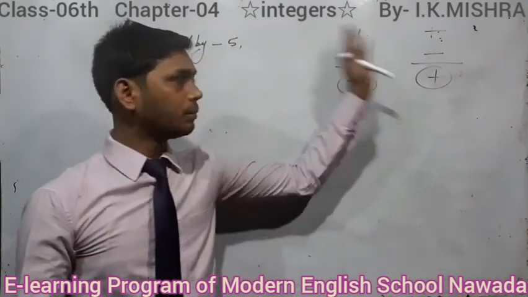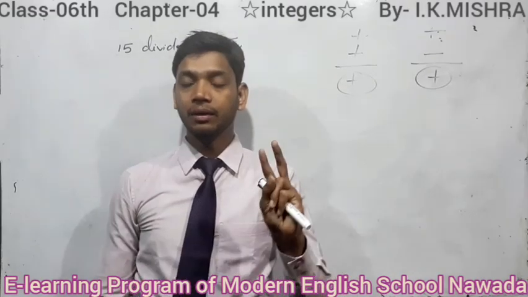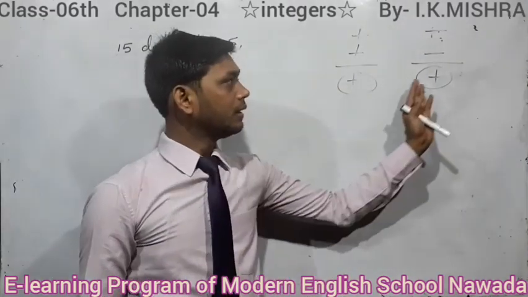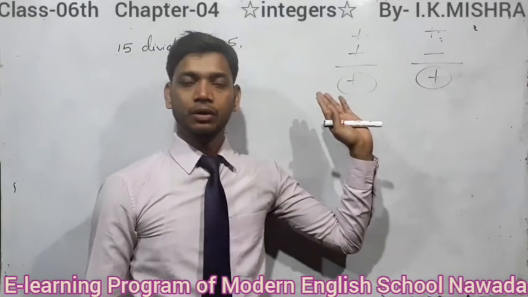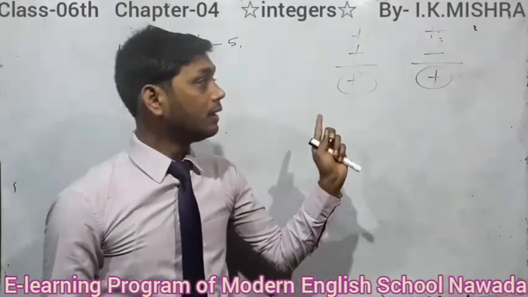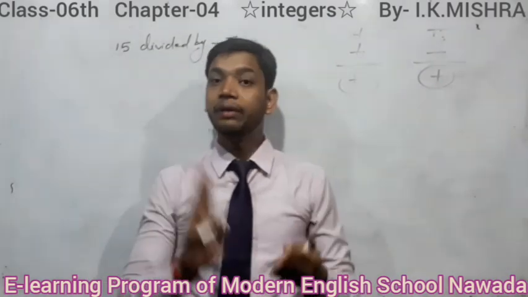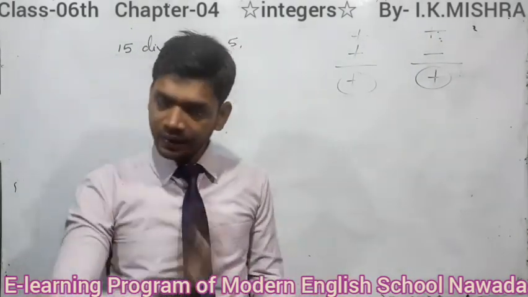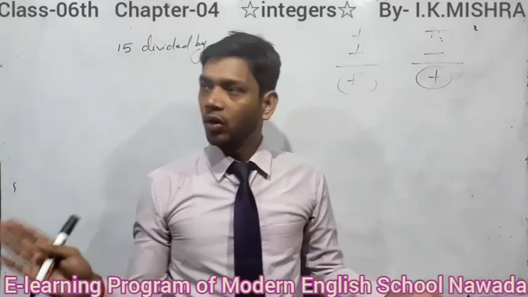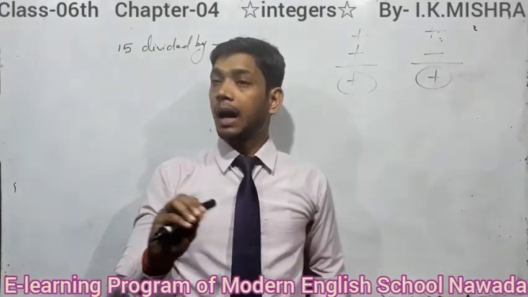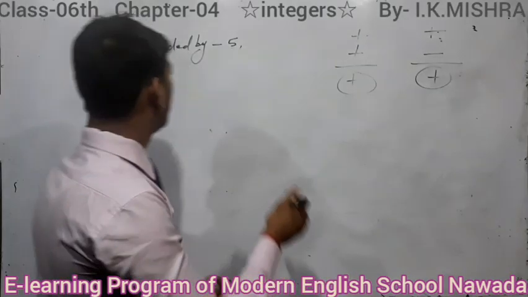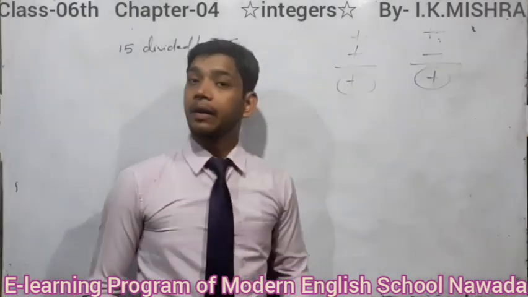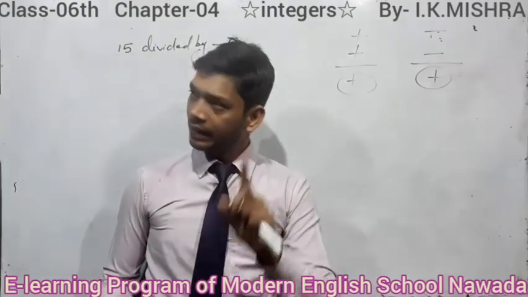In both cases, if they have the same sign, the result is positive. And if the two integers have different signs, that means one positive and another negative, then the result is always negative.